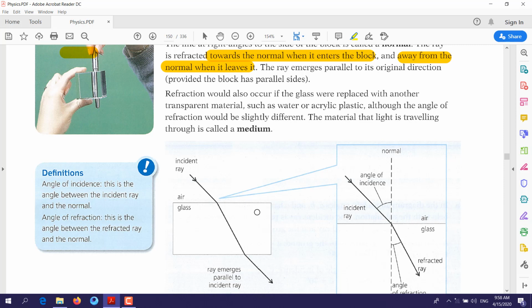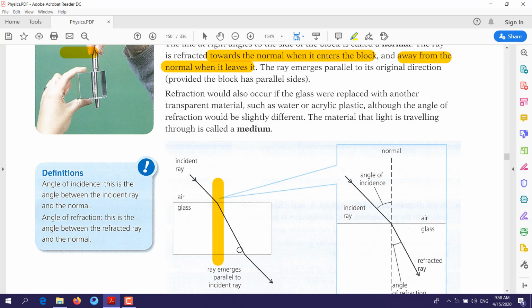Okay, again here, when the ray enters the glass, it will bend toward the normal.